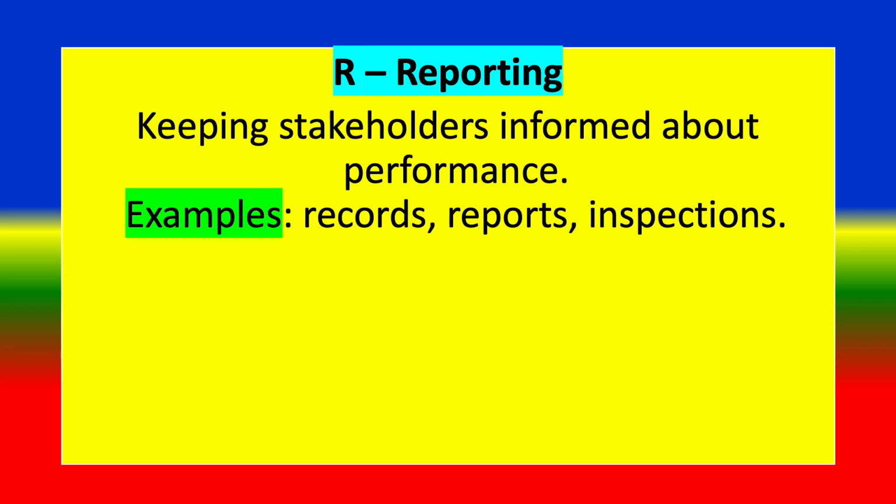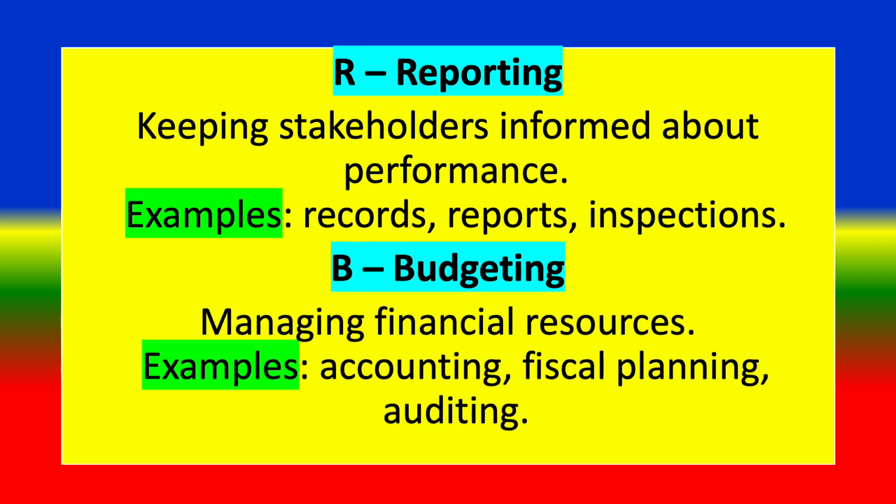R, Reporting: keeping stakeholders informed about performance. Examples: records, reports, inspections. B, Budgeting: managing financial resources. Examples: accounting, fiscal planning, auditing.